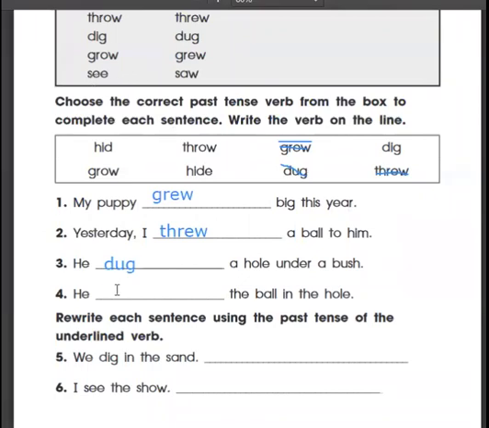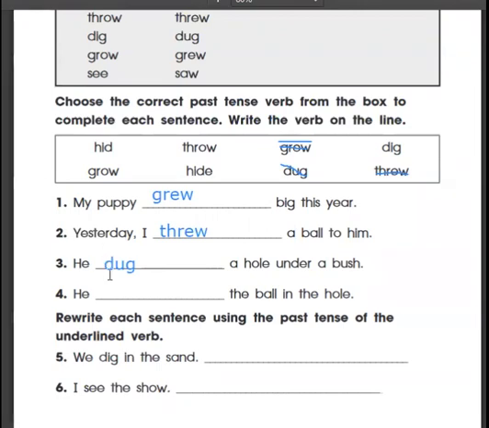Number 4, the last fill in the blank. He blanked the ball in the hole. Now we've already used threw, so you don't throw a ball into the hole. That's gonna be hide or hid. Did he hide a ball in the hole or he hid?